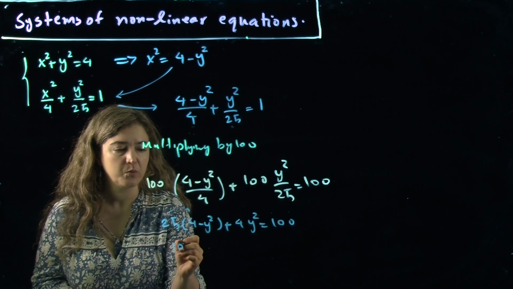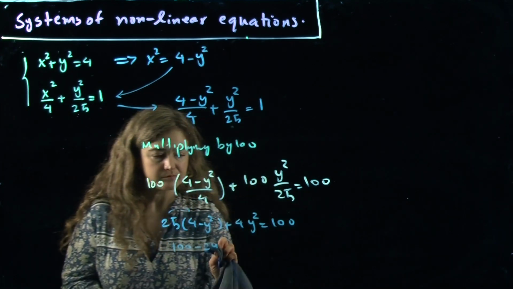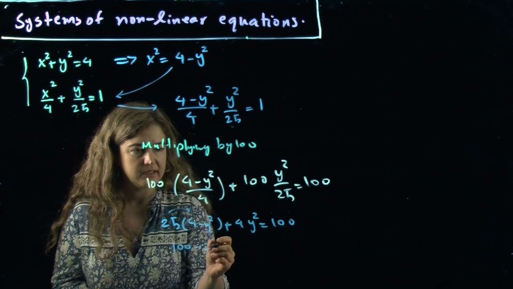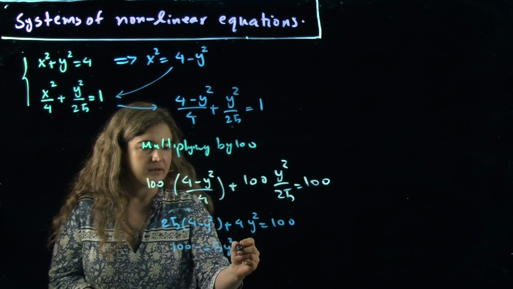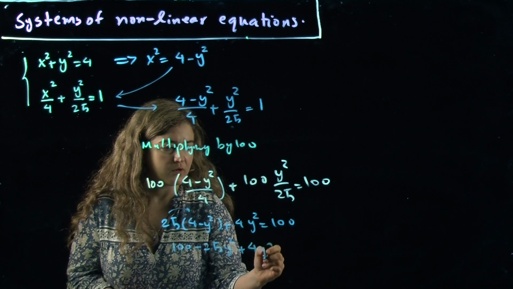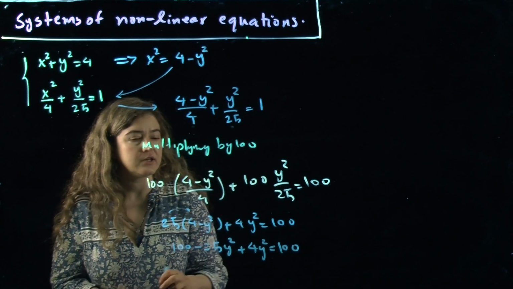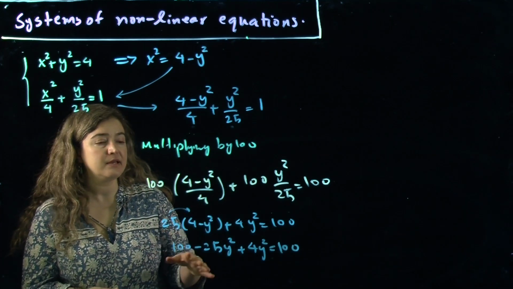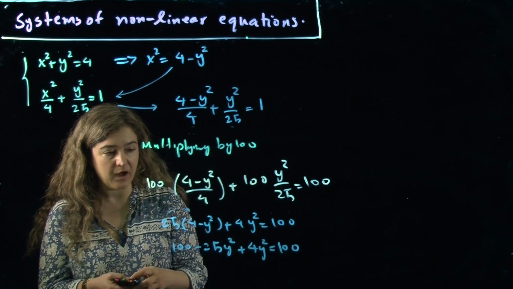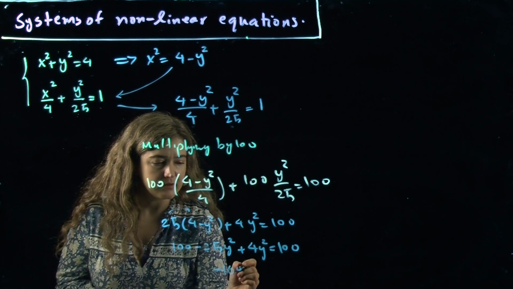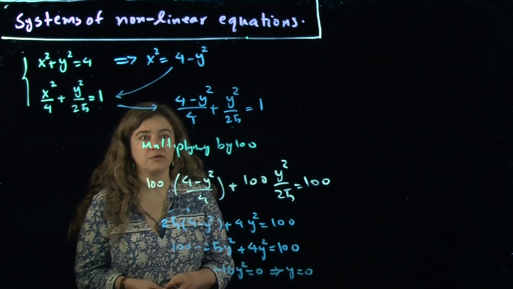Distribute: 100 minus 25y squared plus 4y squared equal to 100. Now the next step is to add these together, simplify, and isolate y. So I end up with minus 16y squared equal to 0. That gives me y equal to 0.